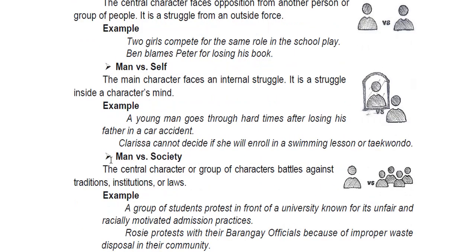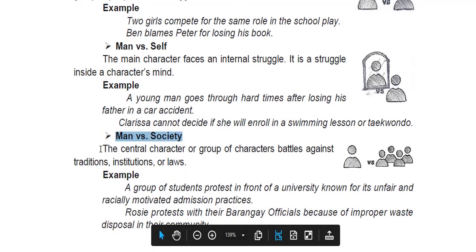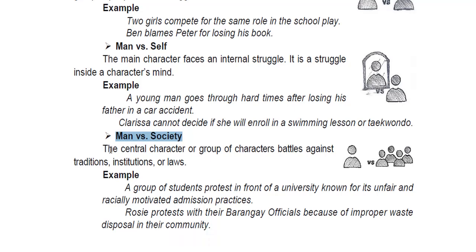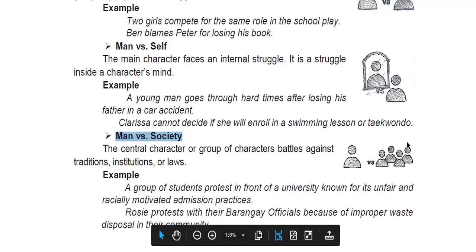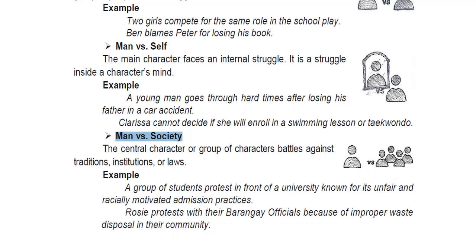Next, we have here man versus society. So it says the central character or group of characters battles against traditions, institutions, or laws. So based on the drawing, we have here one character versus many characters.